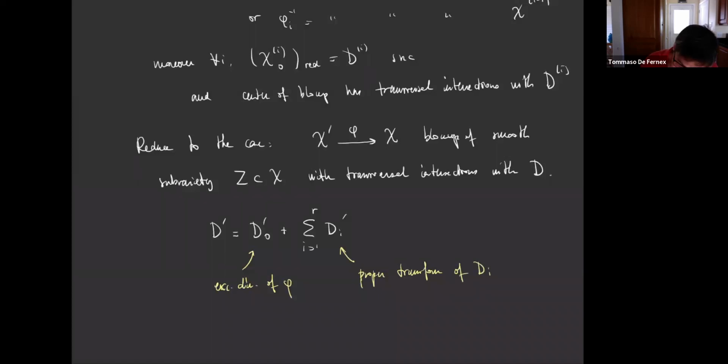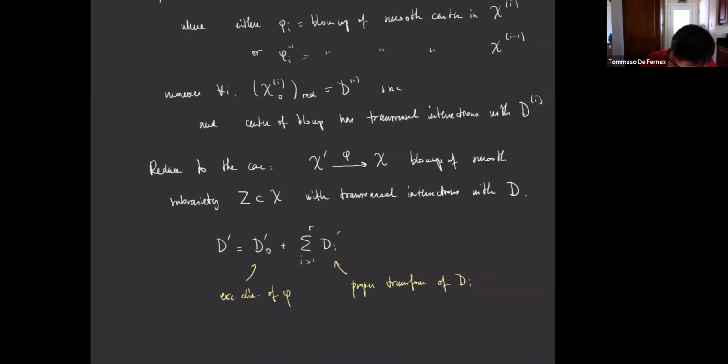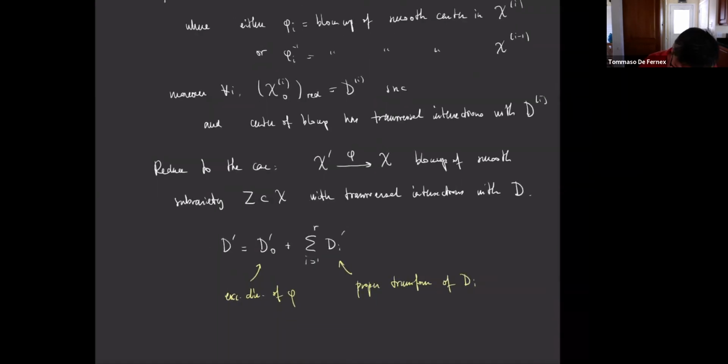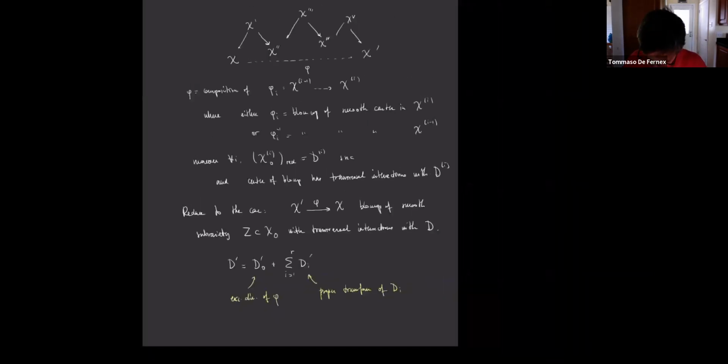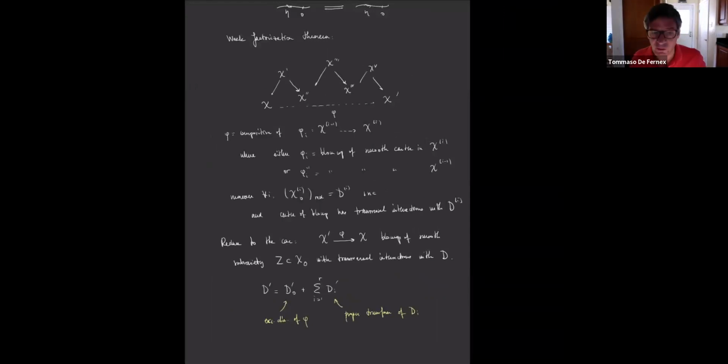And by the way, maybe I should mention the subvariety is contained in the central fiber, because outside, on the generic fiber, everything is smooth. I don't need to blow up. That would be a necessary thing to do. Any questions on this step? This is kind of a standard thing to do with the application of the weak factorization theorem.